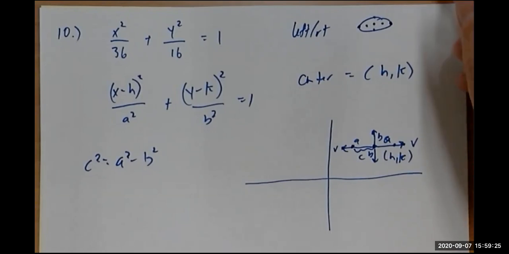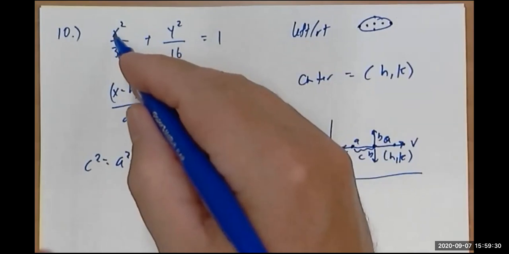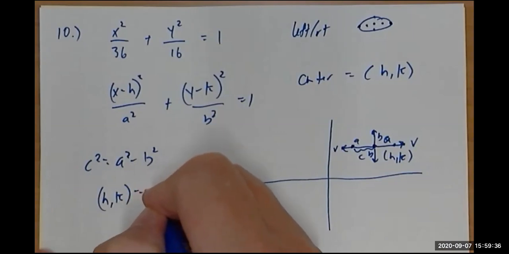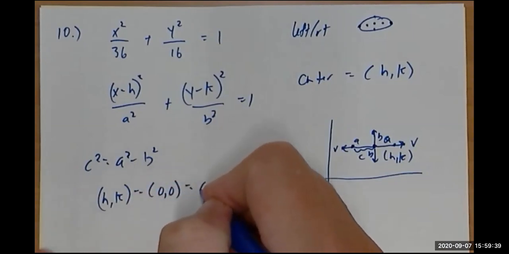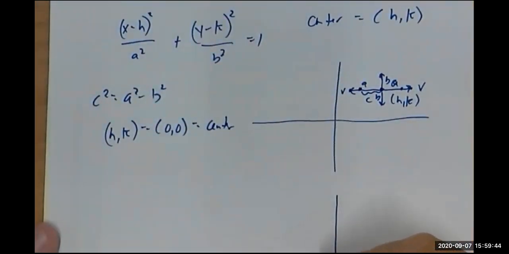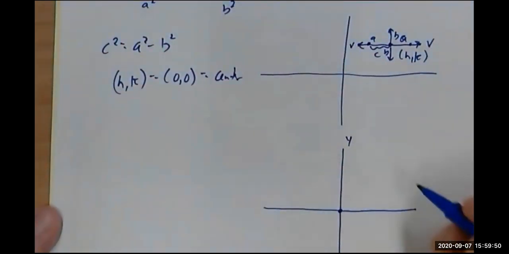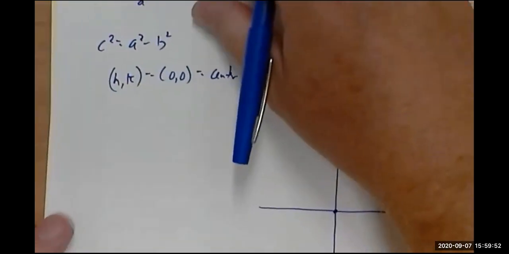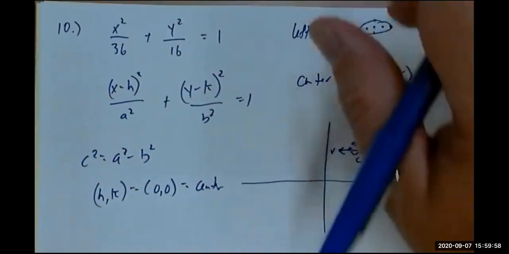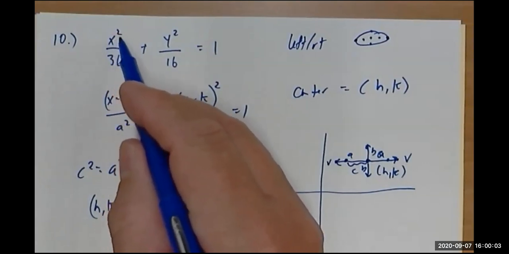So if we want to find the vertices, the first step is to find the center. Now in our case, since there are no parentheses, h and k are 0. And as we go along, I'm going to sketch out what we're learning here, since the very last question is a sketch of the ellipse. Once you know the center, you need to figure out A and B. It's pretty straightforward. A squared is what's under x squared.